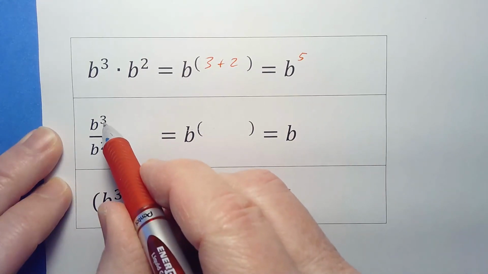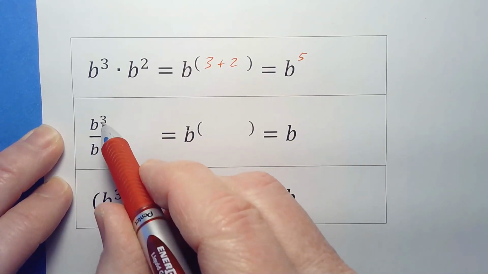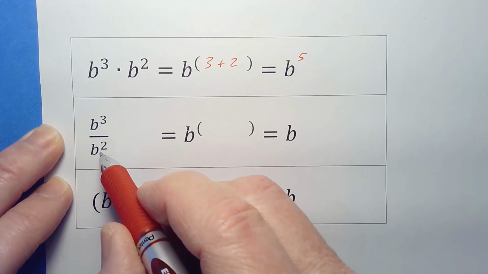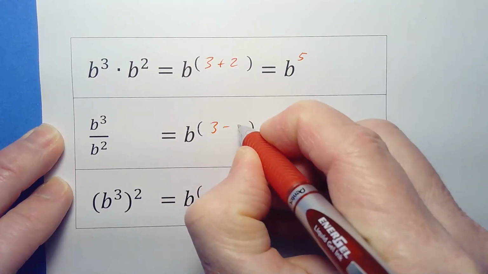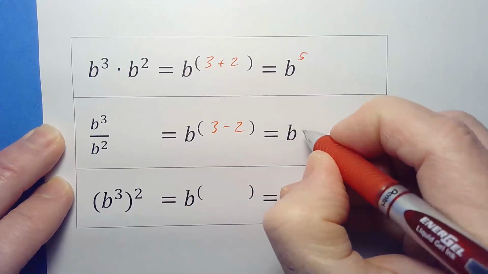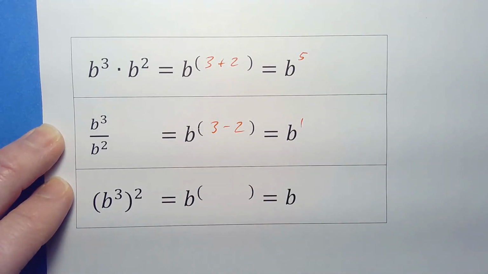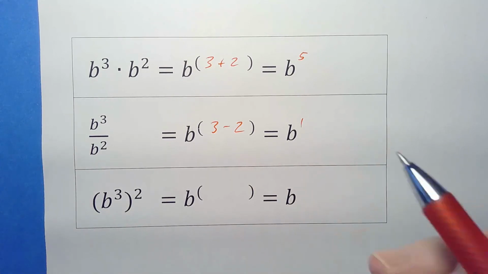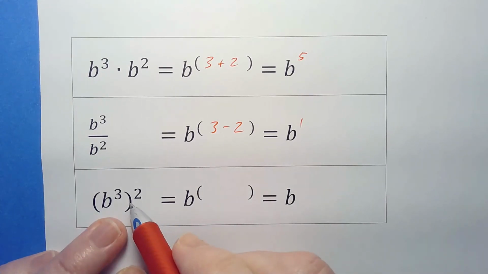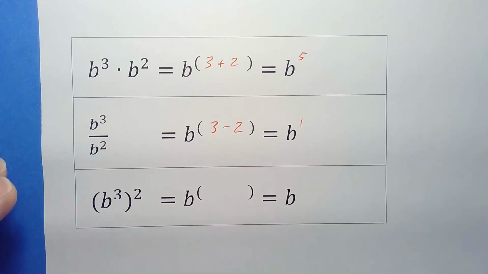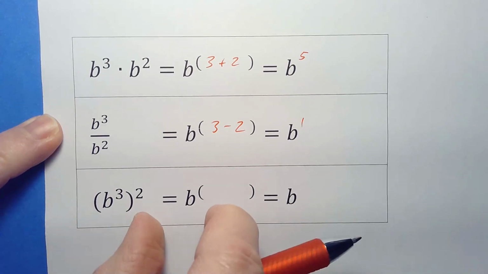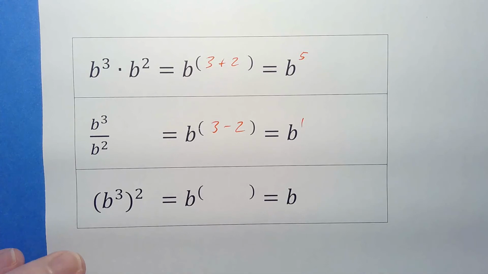This time, I'm dividing. Let's look at what happens if b to the 3rd is divided by b squared. Well, that's just 3 minus 2, which is just b to the 1st. And you could even just write that as b for that matter. If I've got a power of a power, this means I've got 3 b's and another 3 b's, which means I've got 6 b's.